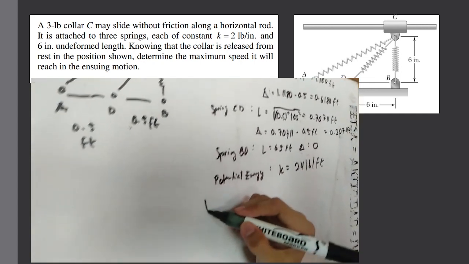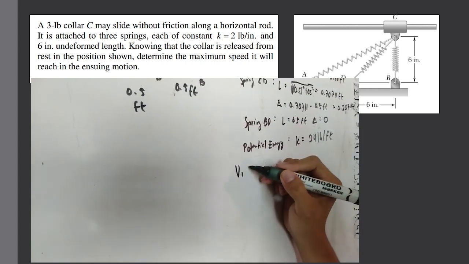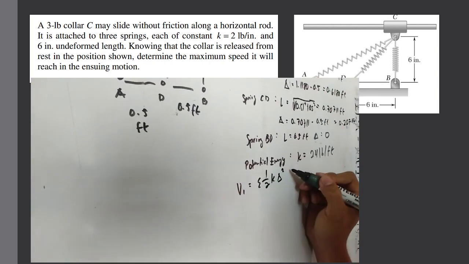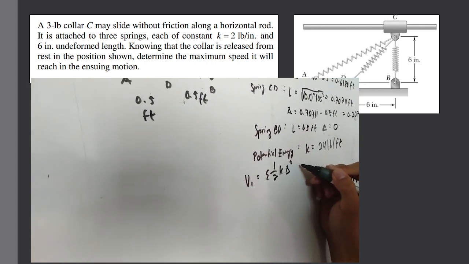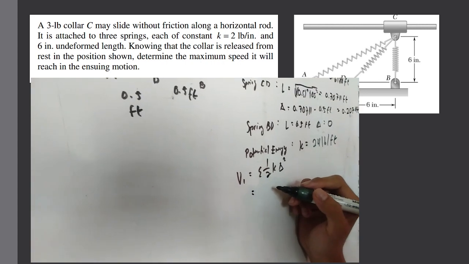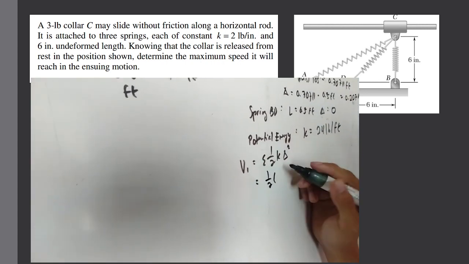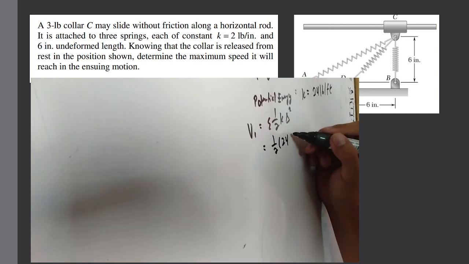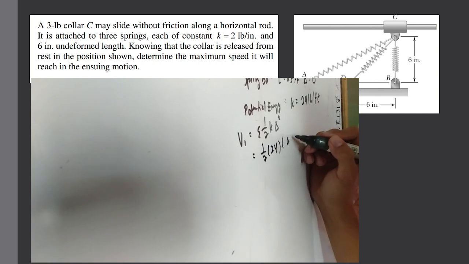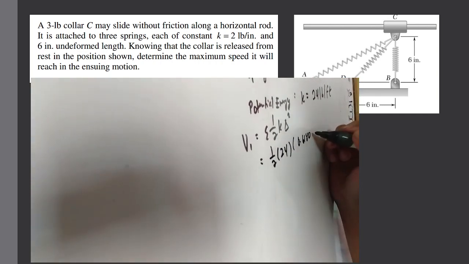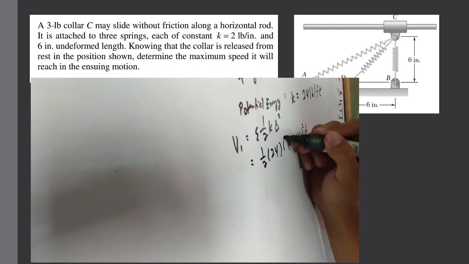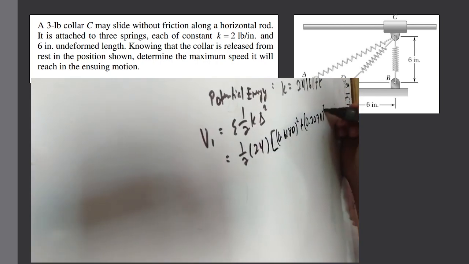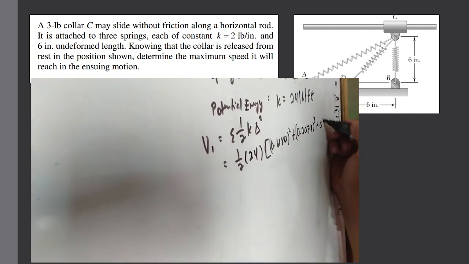So, ito na. V1 is equals to summation of 1/2 K change of squared, simply equal to 1/2 times natin is 24 pound per feet, then times natin yung 0.6180 squared plus 0.20711 squared plus 0 squared.